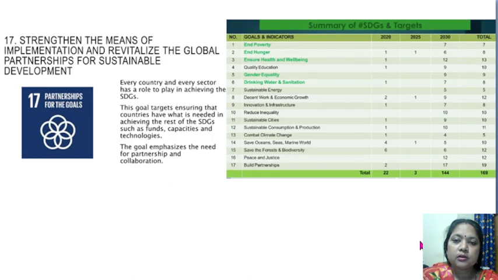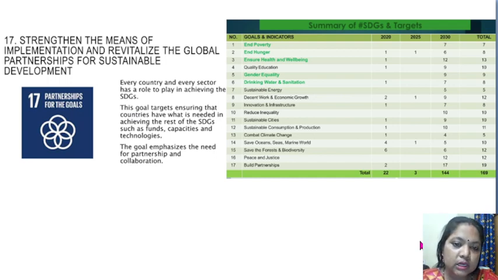Okay. So this is the last goal, goal number 17, and it tells about strengthening the means of implementation and revitalizing the global partnership for sustainable development. So in short we can call it partnership for the goals. Every country and every sector has a role to play in achieving the sustainable development goals.